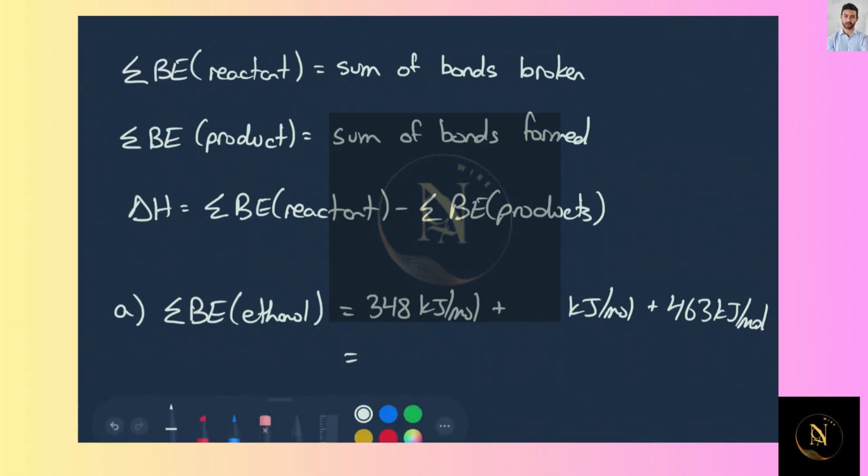Breaking a CO bond. This is 358 kilojoules. And this would be 1,169 kilojoules per mole.